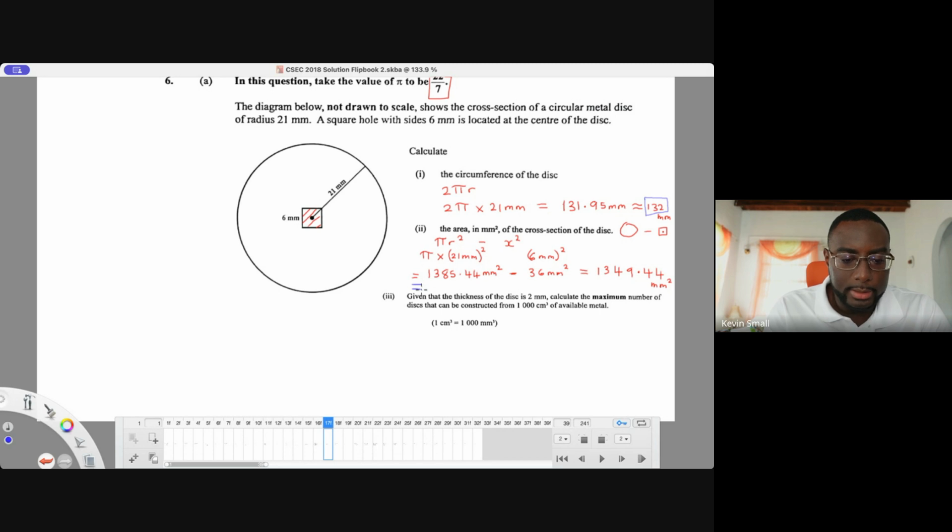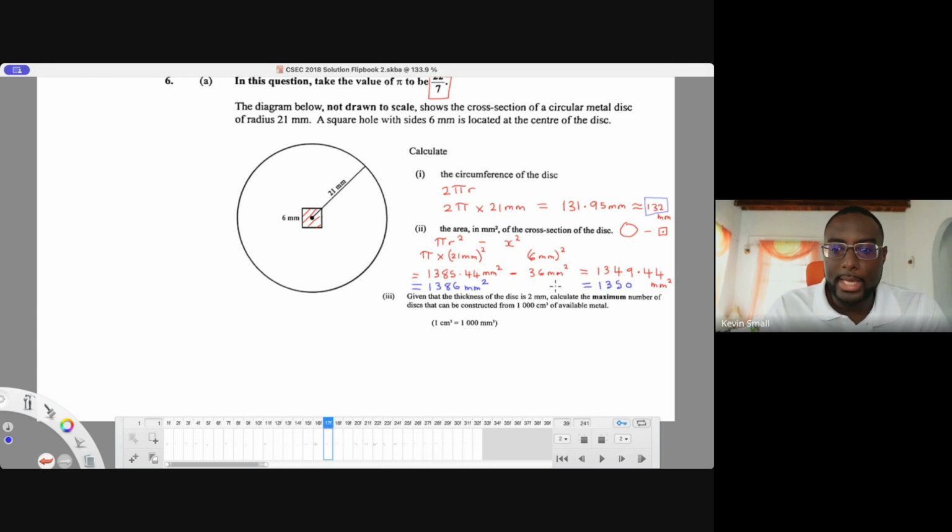So that answer there should have been 1,386 millimeters squared. And the direct answer then would have been 1,350 millimeters squared.